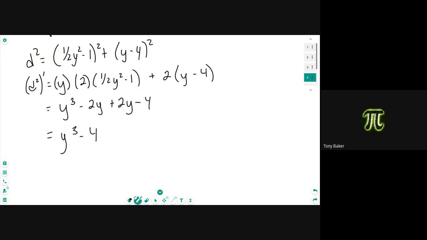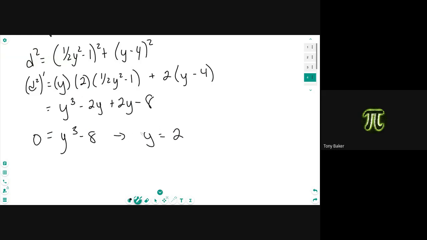Oh, minus 8. I forgot to multiply that by 2. So now we set that equal to 0.